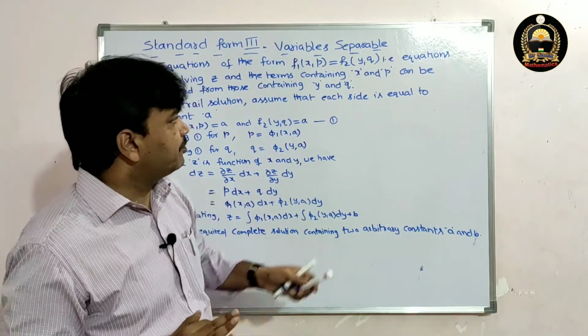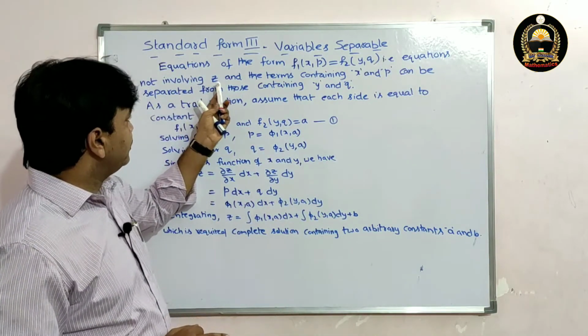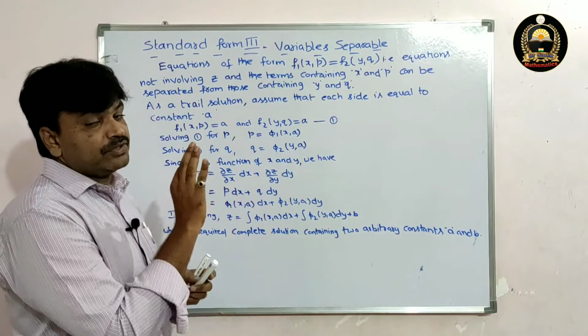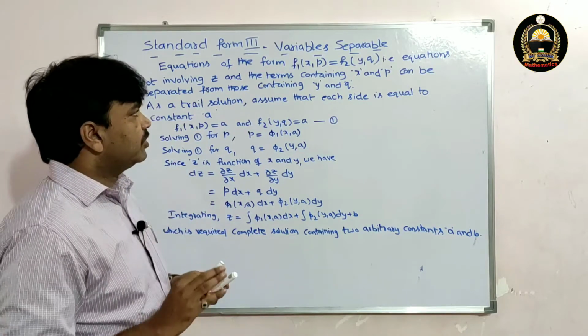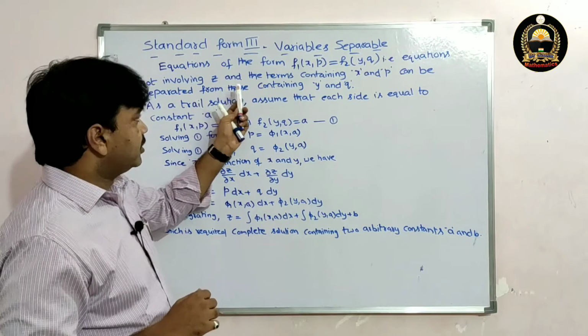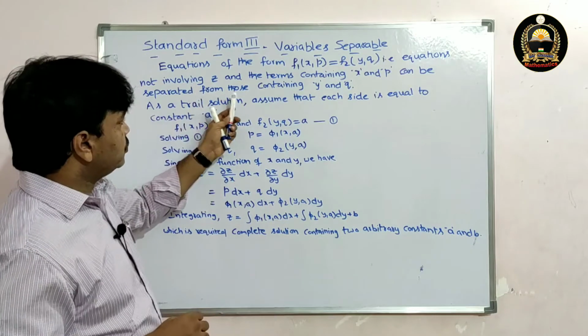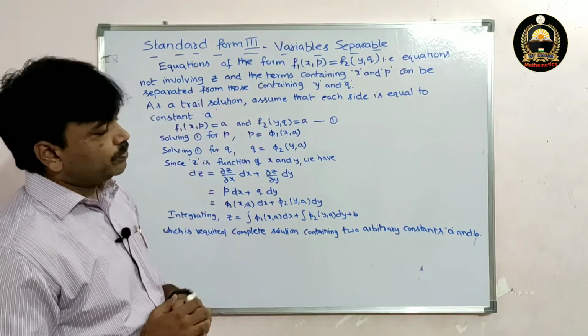Very important: that is the equations not involving z. There are only four terms x, y, p, q, and the terms containing x and p can be separated from those containing y and q.